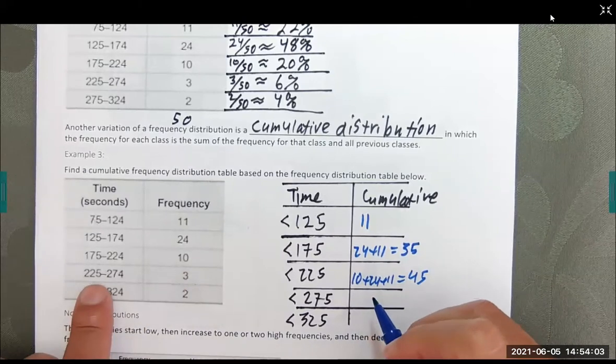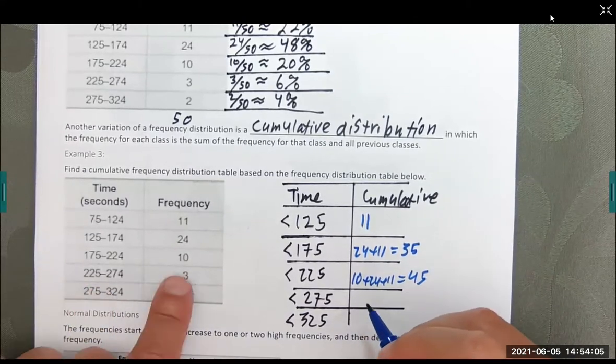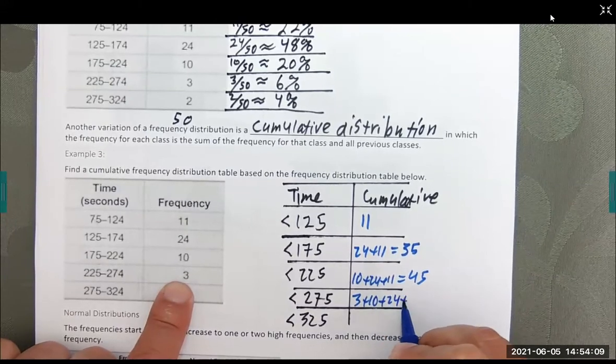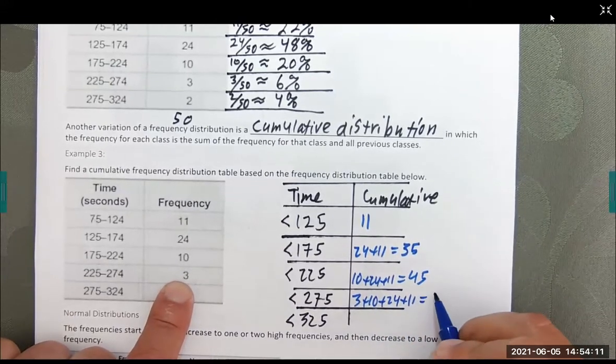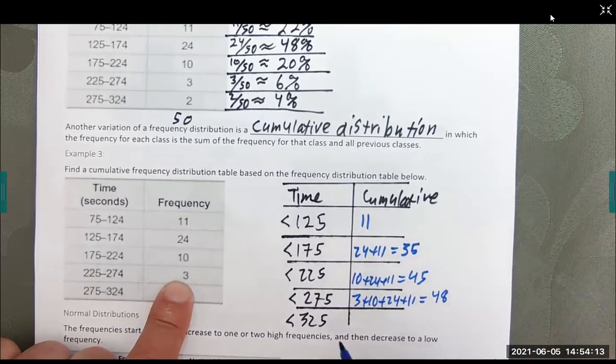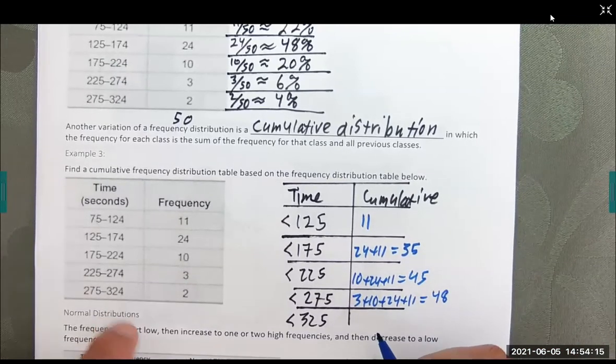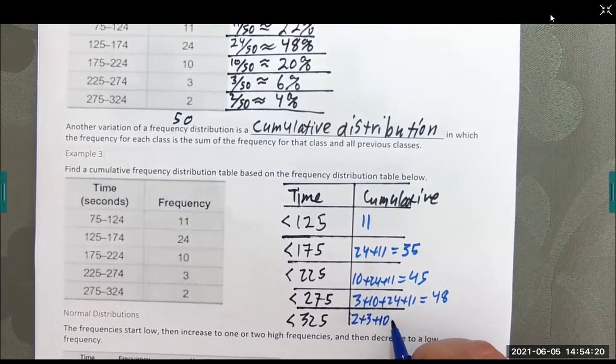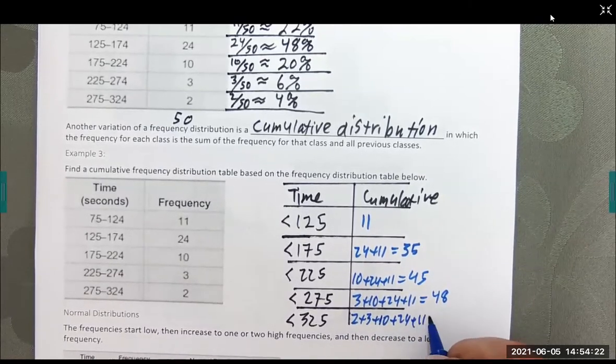Less than 275, so 3 plus 10 plus 24 plus 11 is 48. And less than 325, that's all of them. That's 2 plus 3 plus 10 plus 24 plus 11, which is 50.